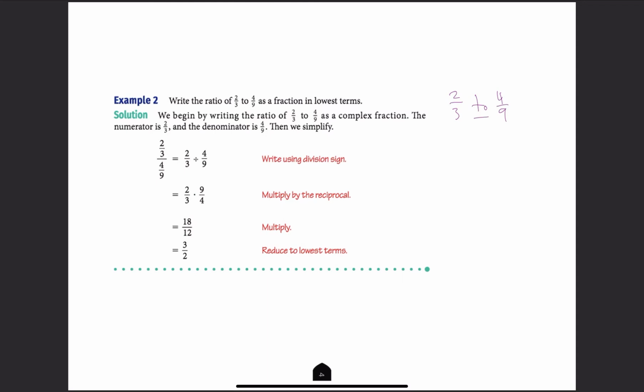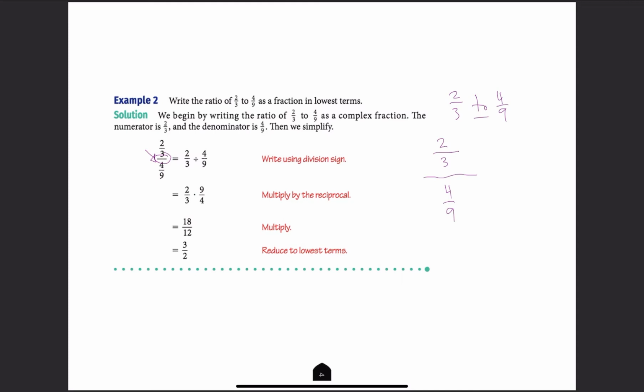So instead of writing it with the word to or with a colon, I'm going to write it with a fraction bar. And I write that fraction bar a little bigger than the other fraction bars, a little thicker and wider, to signify that it's the primary operator.